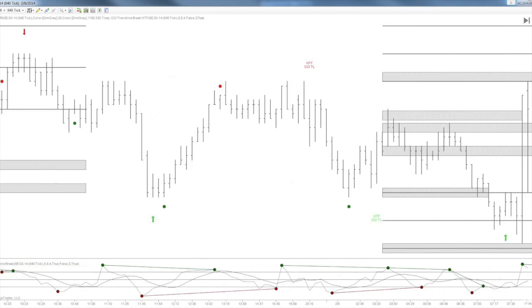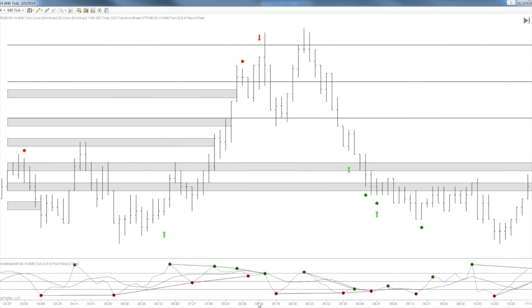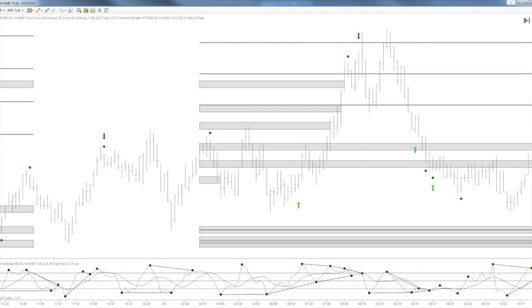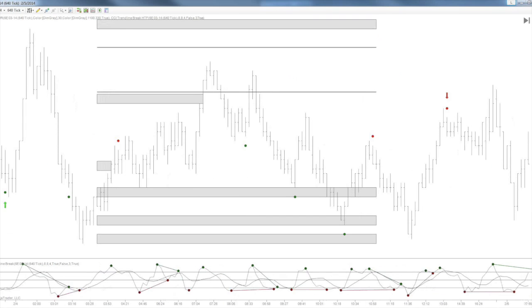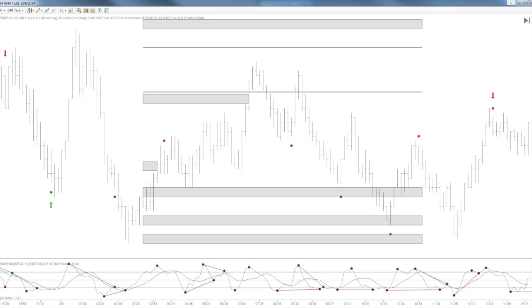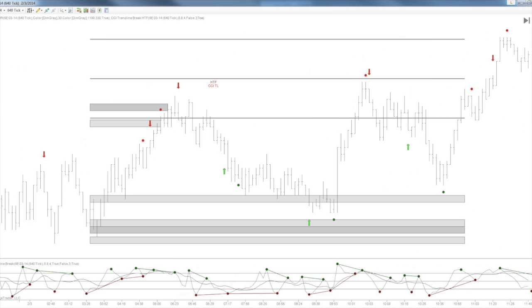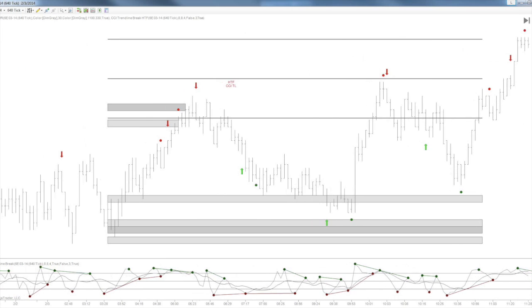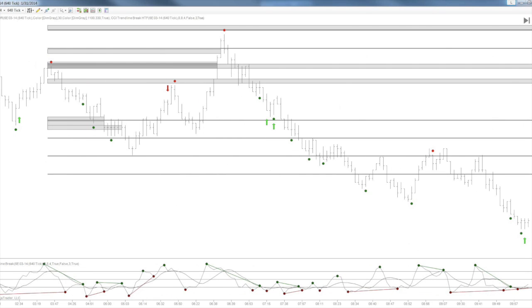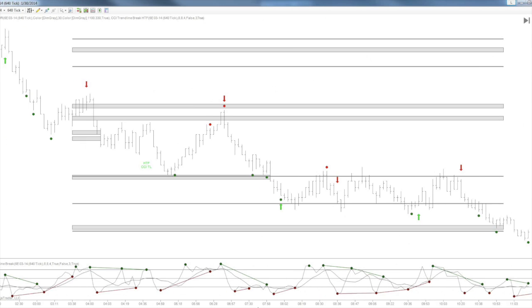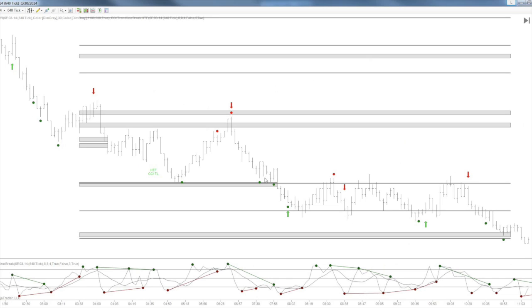Go back a few more days, scrunch this one up a little bit, see it a little bit easier. You can see how once price breaks through these levels, the lines go away. Gives you a cleaner view towards the end of the day. Go back a few more days here. So nice clean charts without having a million lines from a lot of different reference points.